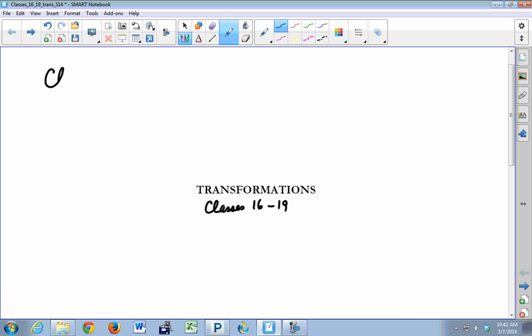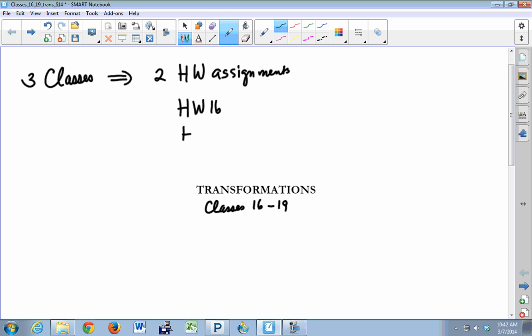Now for transformations, even though we have 3 classes, we only have 2 homework assignments: homework 16 and homework 17. Those are the only 2 homework assignments.